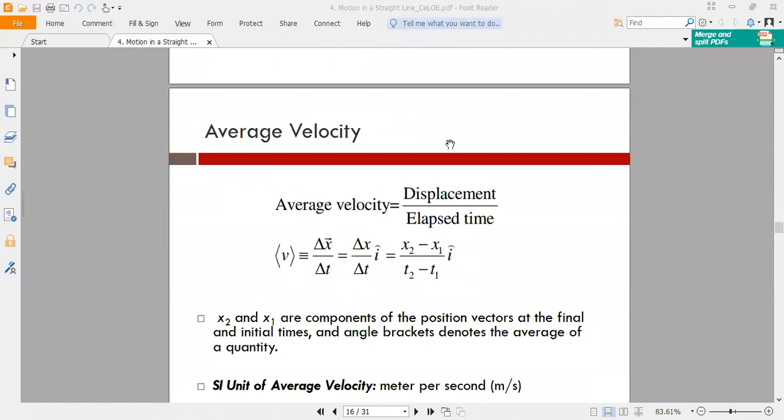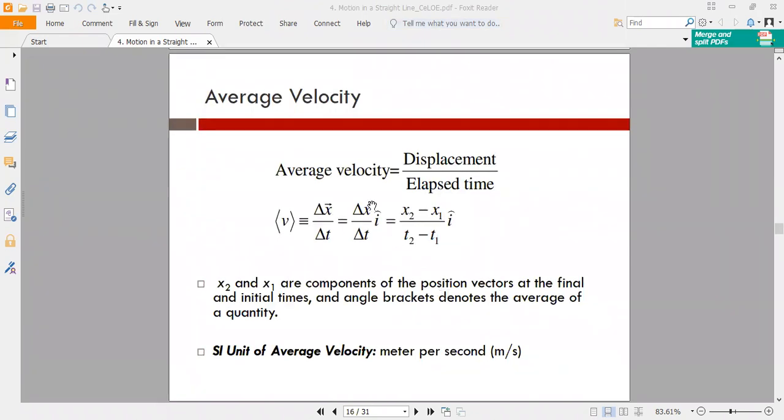And now we're going to the average velocity. So velocity is a vector as well. If you want to find the speed, this is distance over time. But if you want to find a velocity, it should be displacement over time.